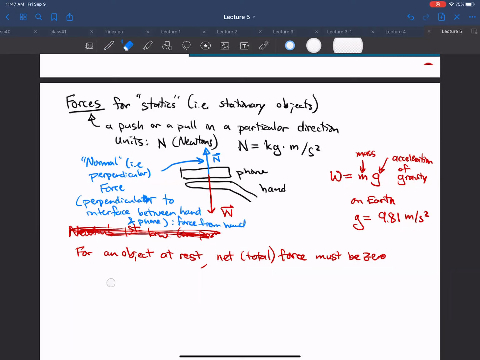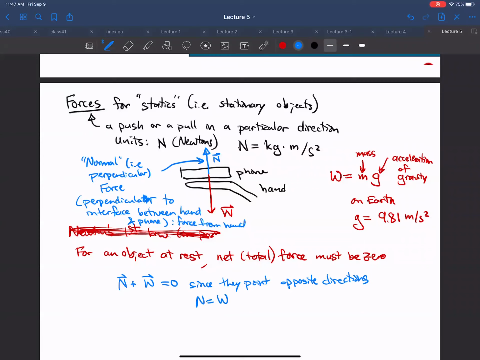So the vector sum of them has to be 0. So vector N plus vector W has to be 0. Since they point in opposite directions, that means they must have equal magnitudes. So the magnitude of the normal force has to equal the magnitude of the weight force.